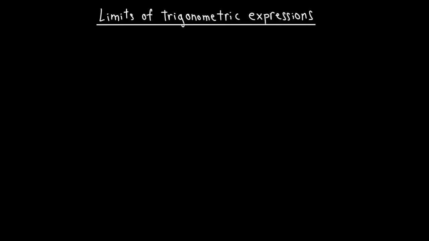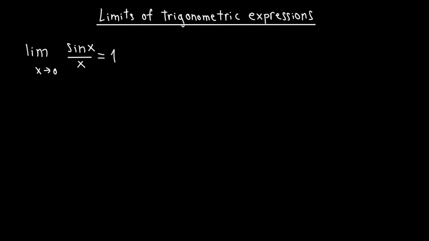In this video, we'll be looking at how we can evaluate the limits of expressions that have trigonometric functions. And we will be using a specific and important limit when it comes to calculus, which is that the limit as x approaches 0 of sine of x divided by x is 1.